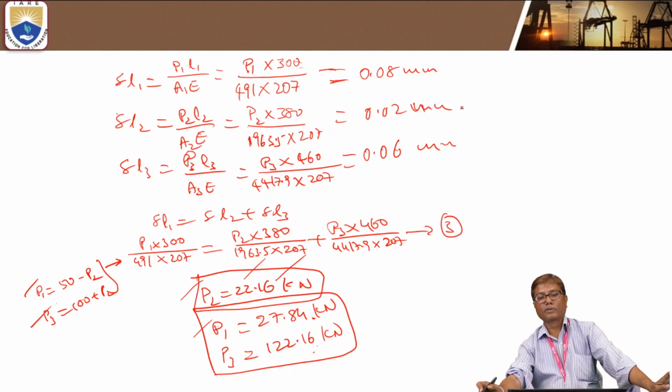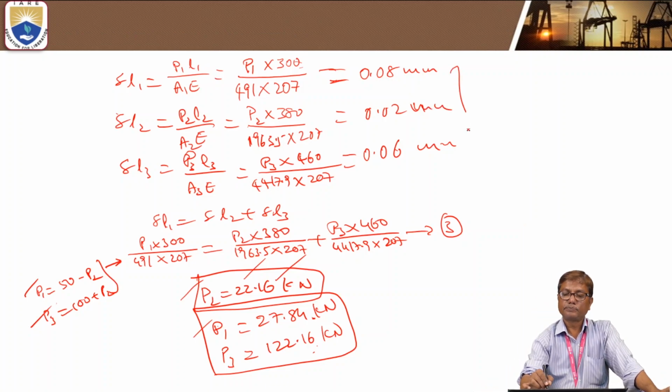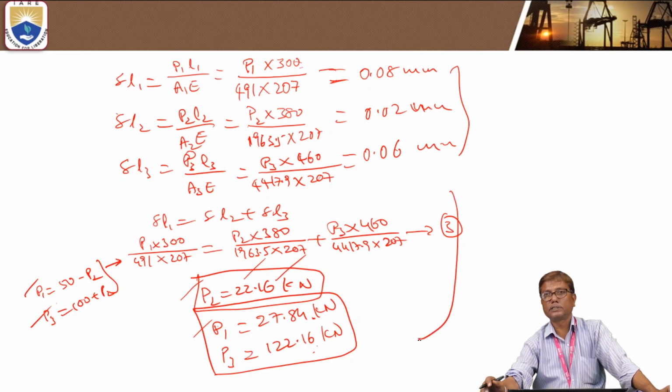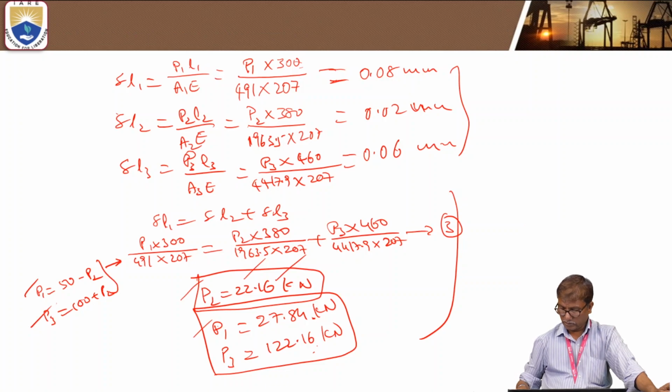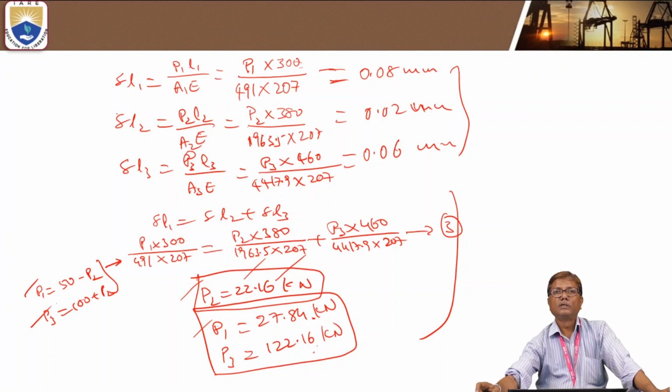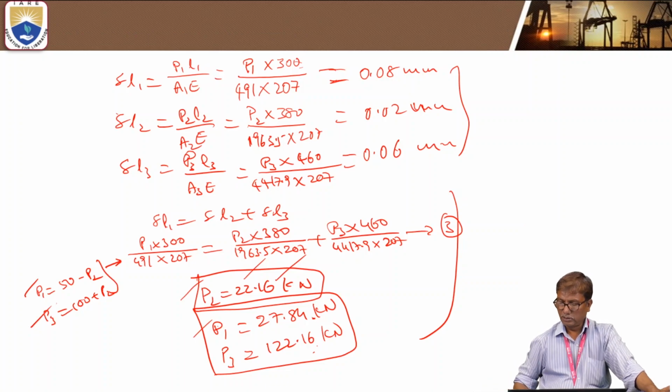Okay, so that's how we solve the problems of bars of varying cross sections. Okay, this is the end of session. We discuss some more examples in the next session.